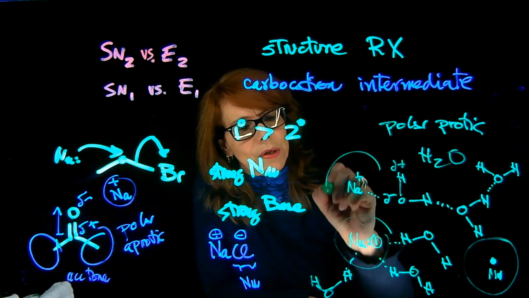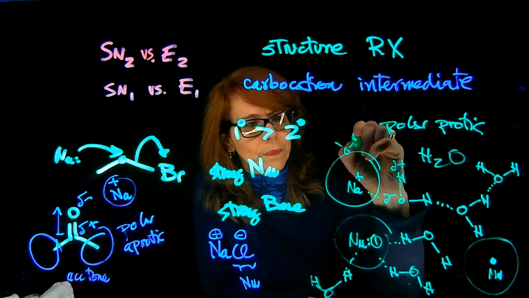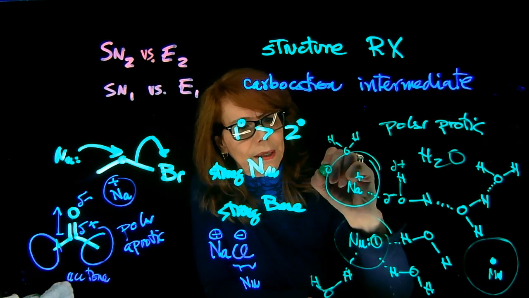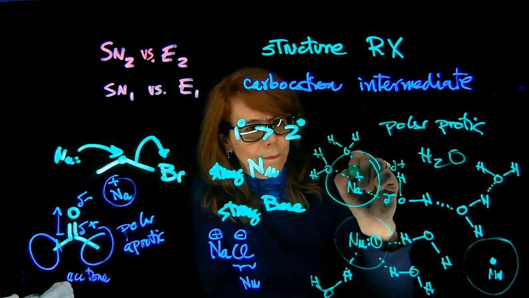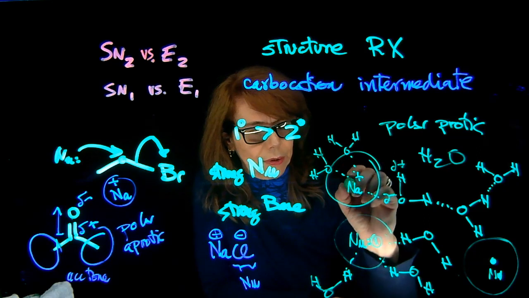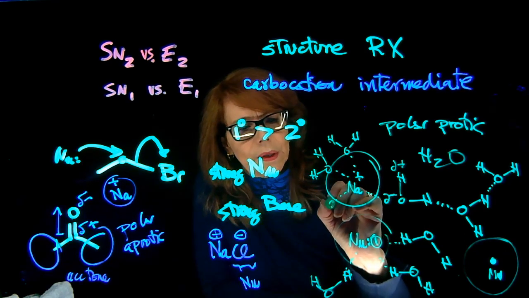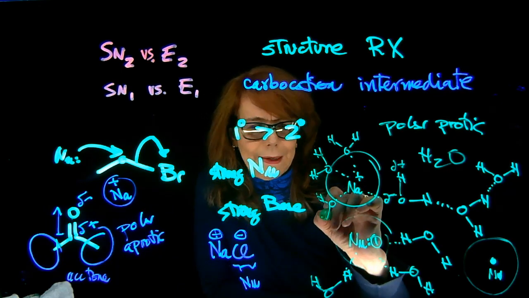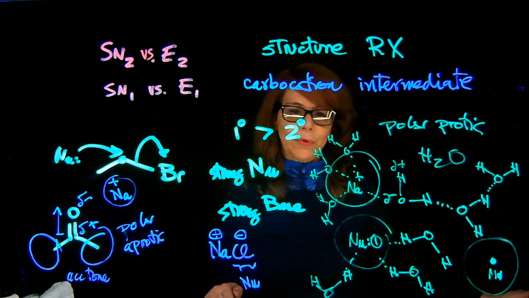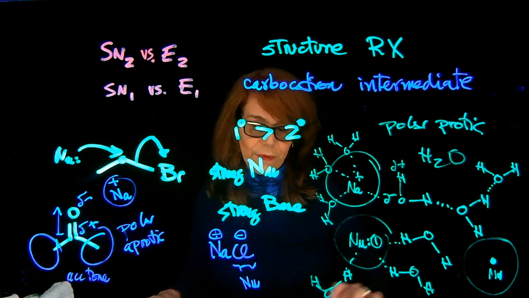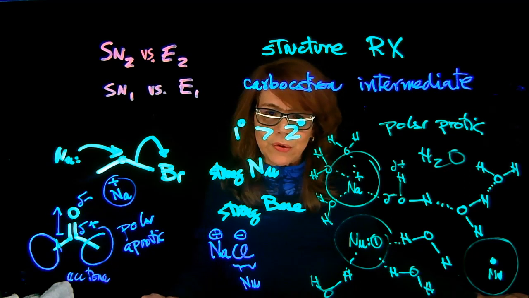So in other words, polar protic solvents, like water, can stabilize the cations, the counter ions, or the nucleophile, the anions. Because of that, we're not going to be using polar protic solvents for SN2 reactions.